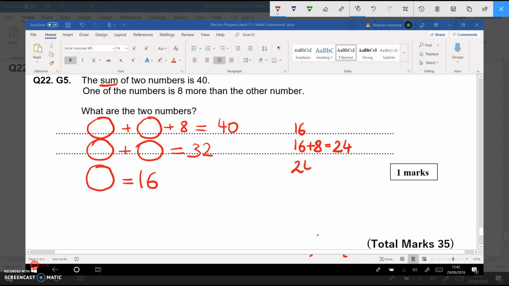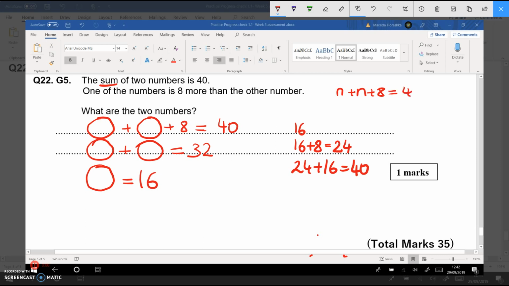And 24 plus 16 gives us 40. So this is one way of solving it. Some might prefer to put letters instead of the circles. So some like to put n or x, so n plus 8, because one number is n, the other one is n, add 8 to it.